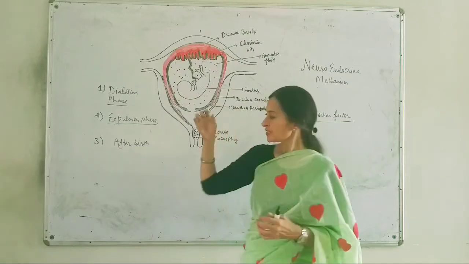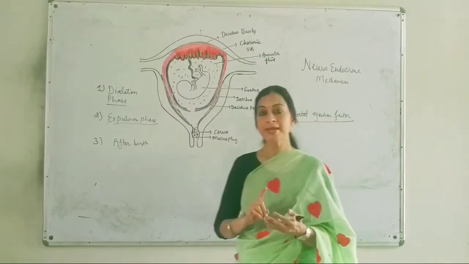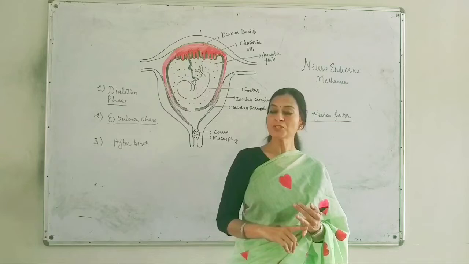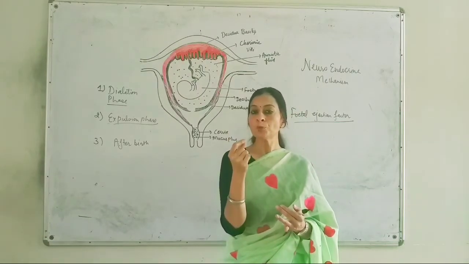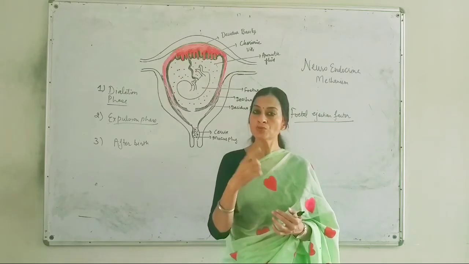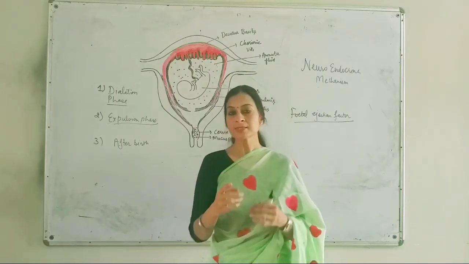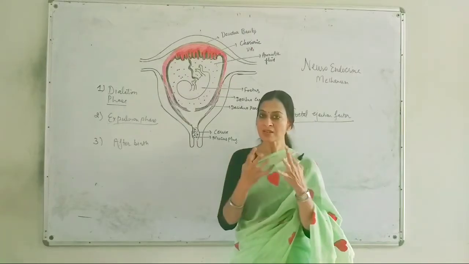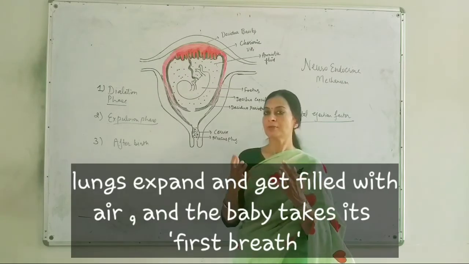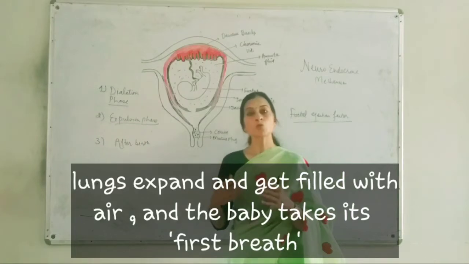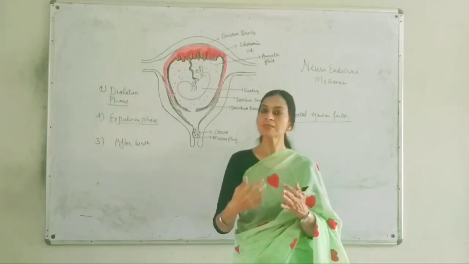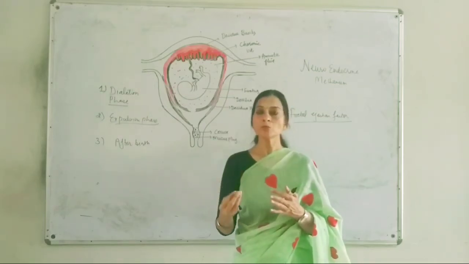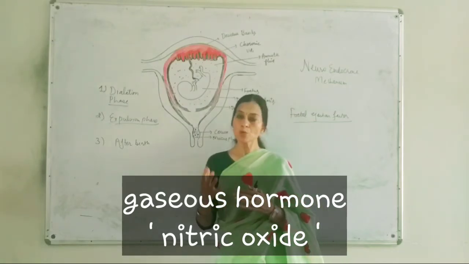So when it is expelled outside, at the completion of the expulsion phase, it is going to breathe by its own. The first breathing takes place by expansion of its lungs, and there are changes in its circulatory system also. These circulatory and respiratory changes are supported by release of a gaseous hormone, nitric oxide.